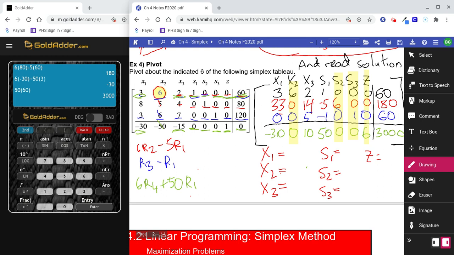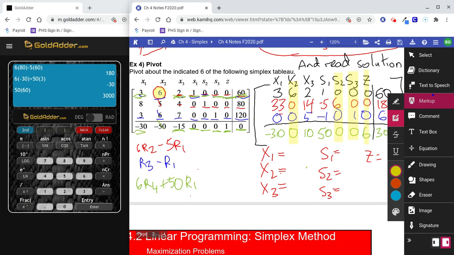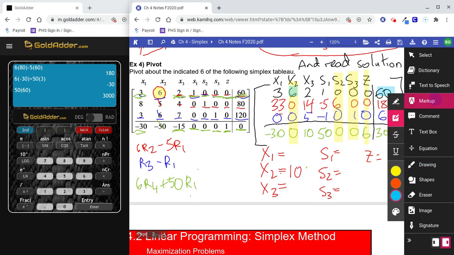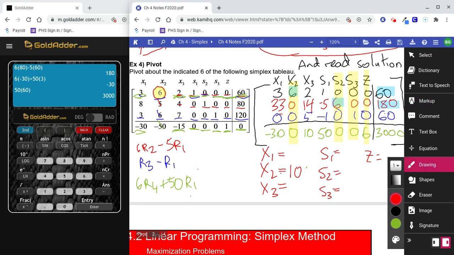Okay. And so my basic variables, if you look at x2, your eye should be drawn to the 6, which should draw you to the 60. x2 is going to be 60 over 6, which is 10. You look at S2, and you should be looking at this 6, which makes you look at the 180. S2 will be 180 over 6, which is 30.